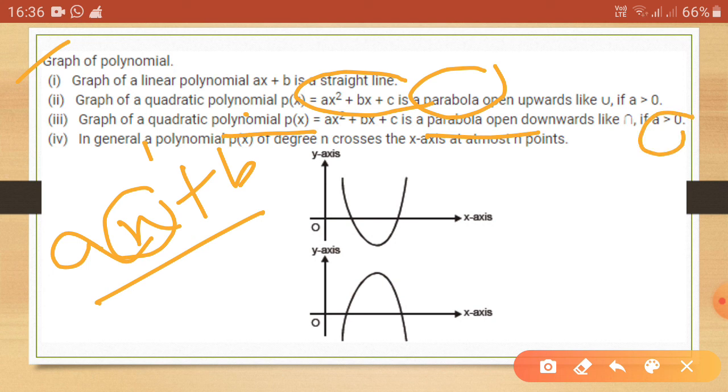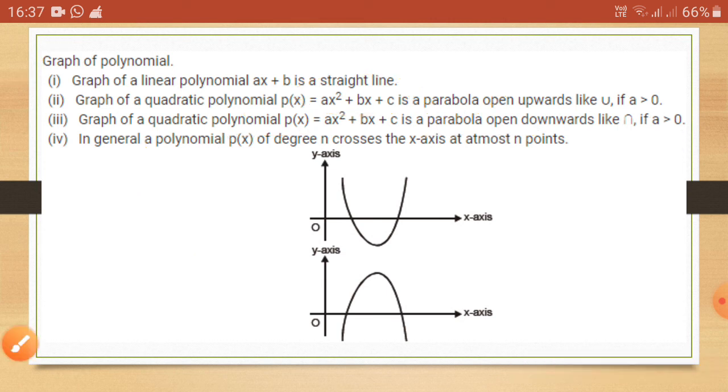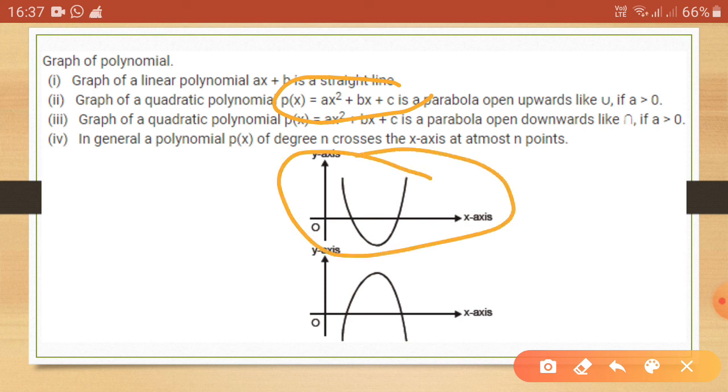So the graph of a quadratic polynomial, when the expression is ax square plus bx plus c, will be a parabola opening upwards like this graph when a is greater than 0. Here the coefficient of x square, that means a, is greater than 0.